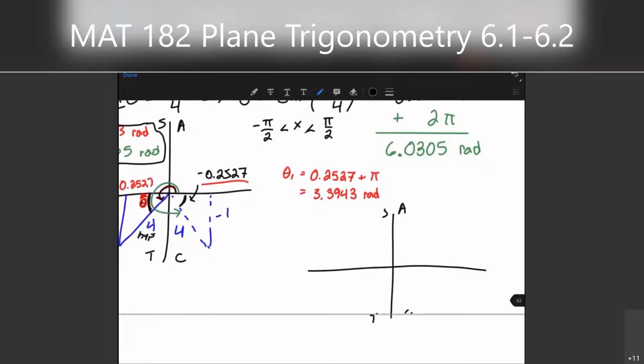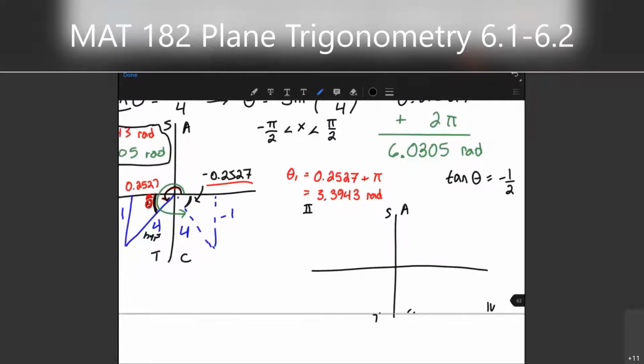If you're going to do a fourth and a second, that would really be a negative tangent. So if there was something like tangent of theta equals, say, -1/2, that would be a case where we'd have solutions in the second and the fourth quadrant.